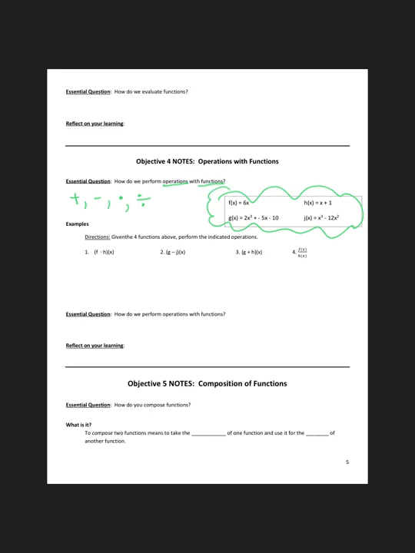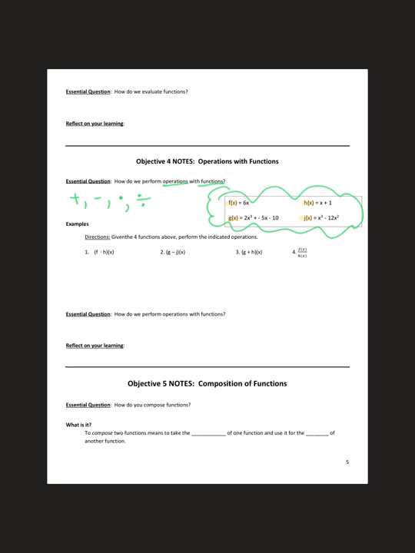Now remember that functions don't have to just be f of x. So you can see in this box that we've got the function f of x, we've got a function g of x, we've got a function h of x, and a function j of x. And the reason that those have four different names is so that we can tell them apart when we talk about them, right? f of x is equal to 6x, whereas h of x is equal to x plus 1.